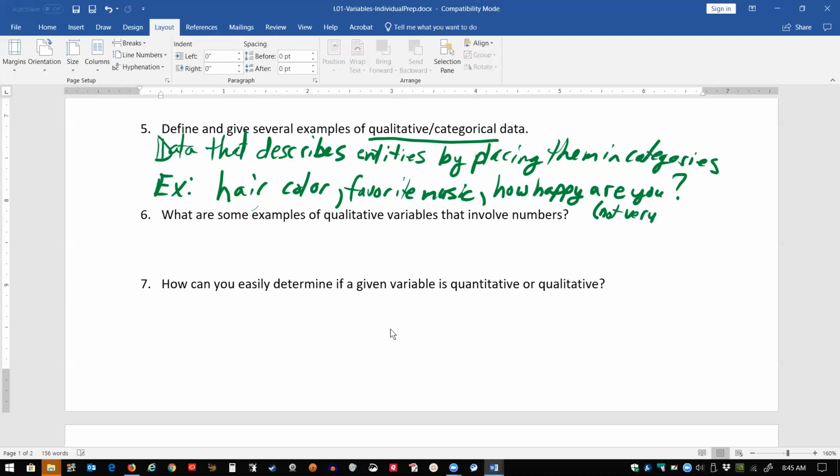I could say not very happy, mildly happy, or very happy. You can pick one of those, and even though there's some kind of ordering to those values, it doesn't make sense for me to take not, very, and mild and average them together. So it's still a categorical or qualitative variable. Does that make sense?